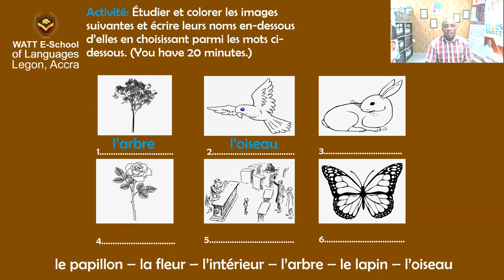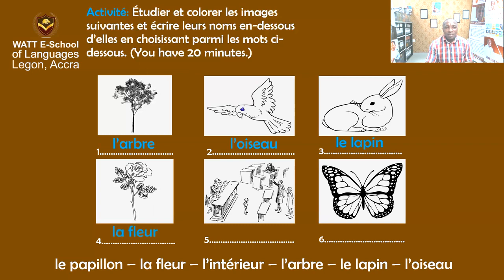The number 3. What is it? The rabbit, how do you say it in French? Good. Le lapin. Let's have a look at this one. It's the flower. So how do you say it? La fleur.